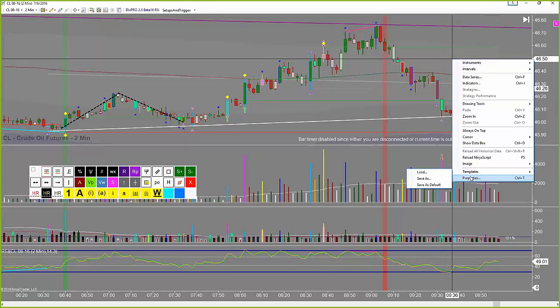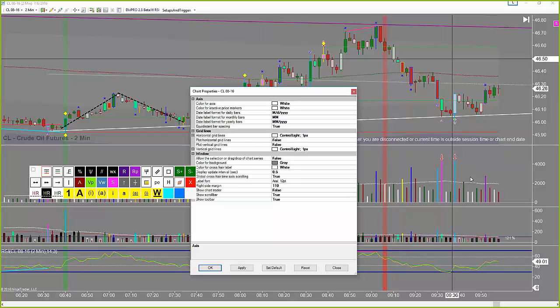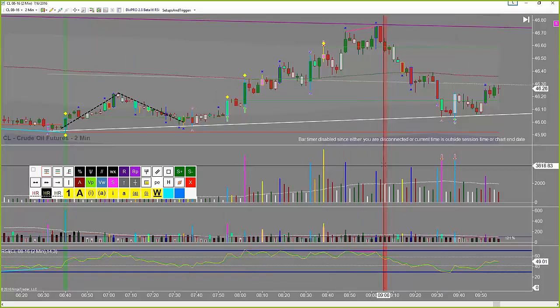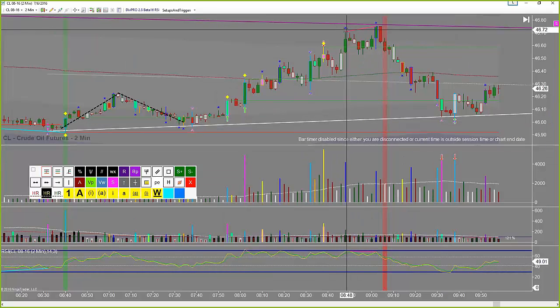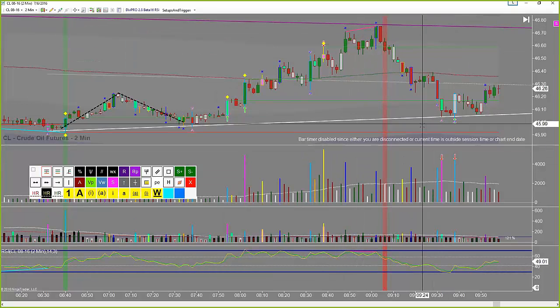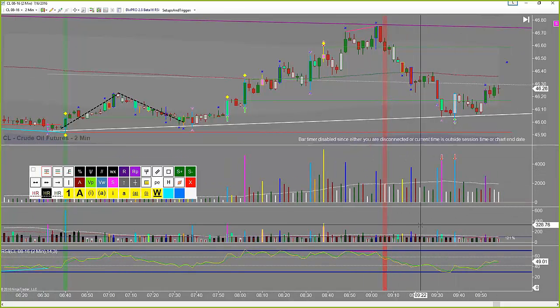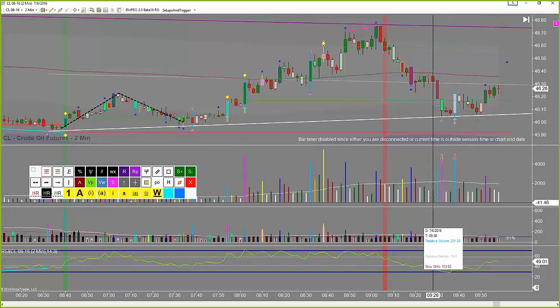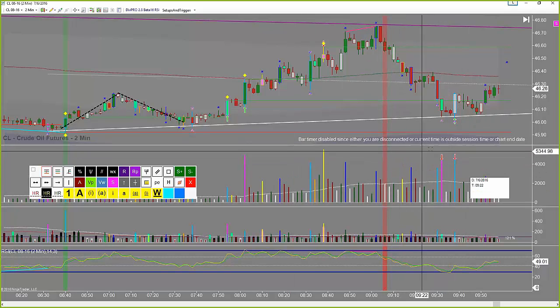You can go to your chart properties and set this to false so that you can't accidentally click on anything on the chart. The only things you'll be able to click on are the actual drawing objects themselves, but you shouldn't be able to select the indicators by accident. You should be able to just middle mouse click anywhere and get your information.